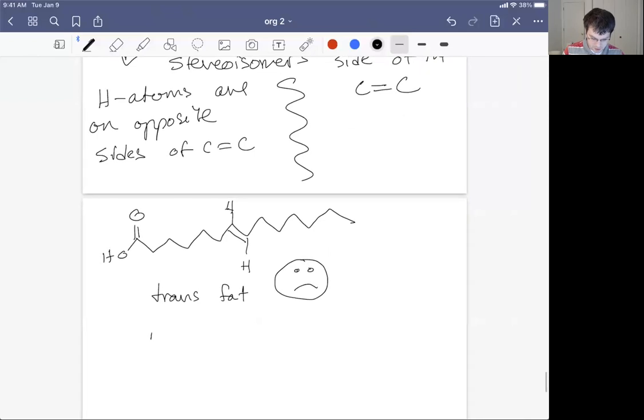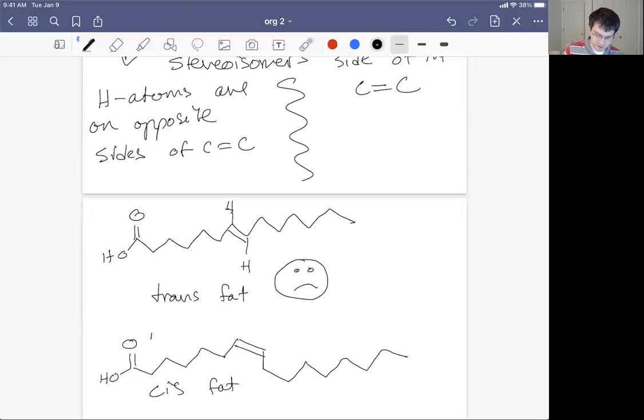Whereas cis fats, you don't hear them called cis fats too often, but cis fats are frequently found in places like plants and fish and that sort of thing, and they have much less of a negative impact. In fact, many times a positive impact on your metabolism. So this would be a cis fat. You don't hear cis fats too much, but trans fats are. It's important to be aware of them, and we'll talk about some sources for trans fats.